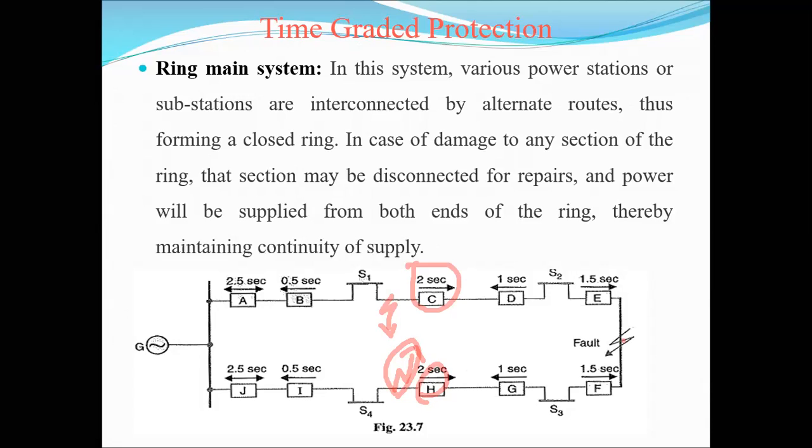Suppose any fault is obtained at that feeder line, in that case the overall system may be disconnected from the supply. Because we are using only one feeder, if a fault is obtained at that feeder, then the total supply will be disconnected.